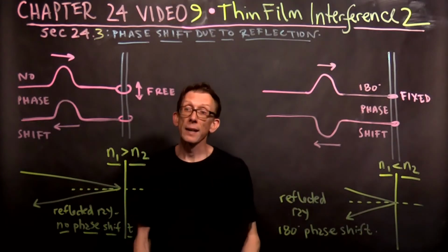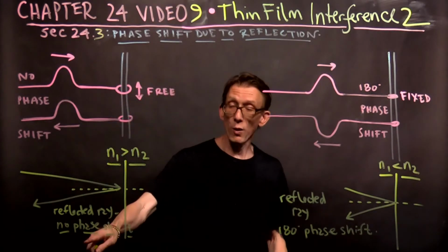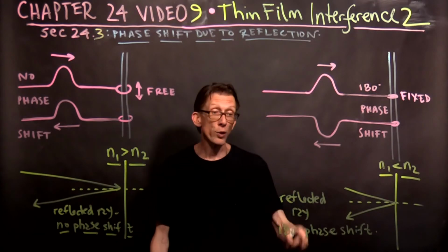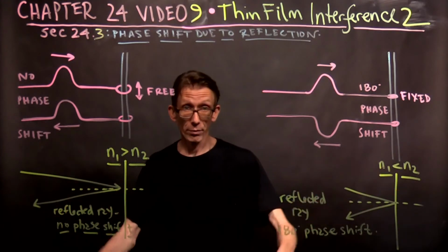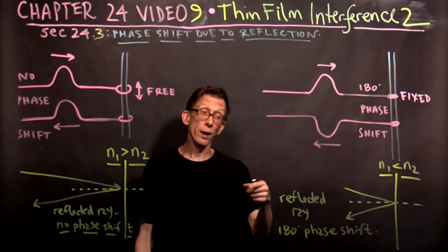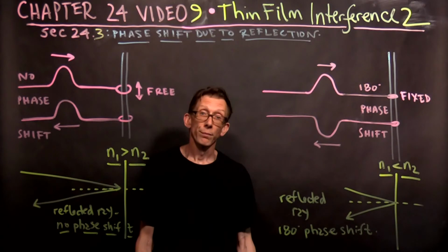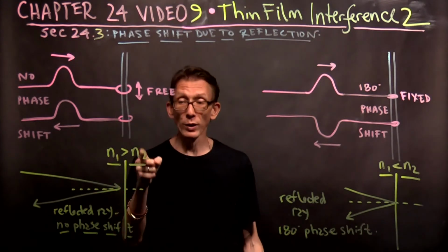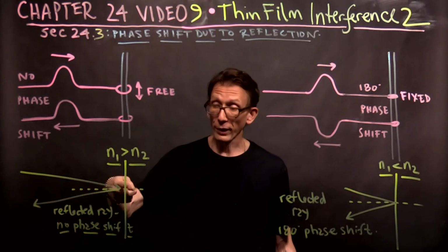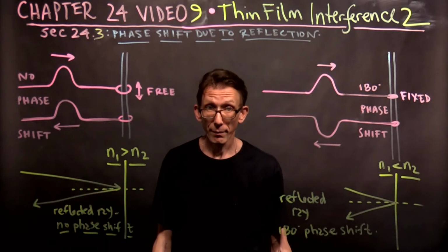But the point I want to make is that when you go from a high to a low index, there is no phase shift. When you go from a low to a high index and there's a reflection, the reflected ray is out of step with the incident ray. I'll say it one more time. When you go from a high to a low index, the reflected ray is in phase with the incident light.